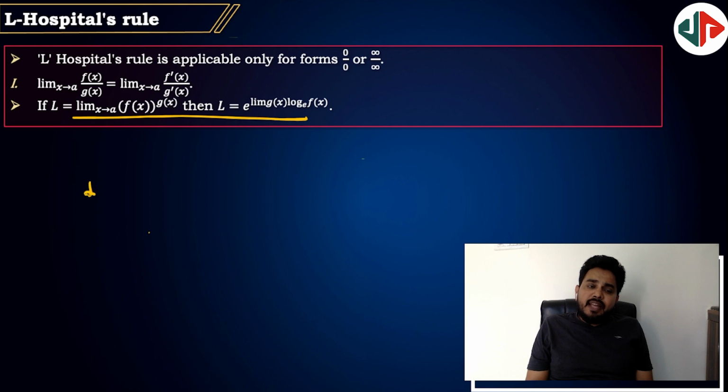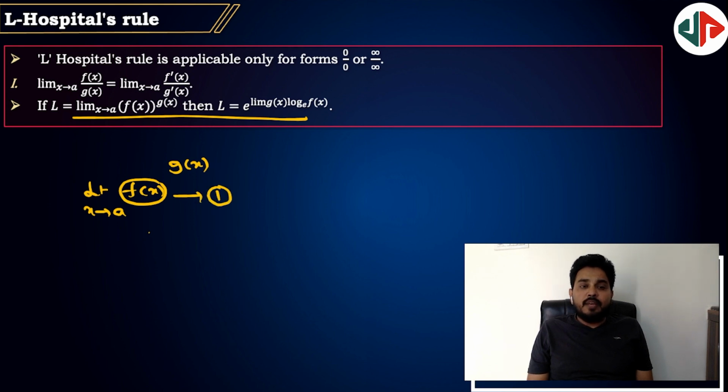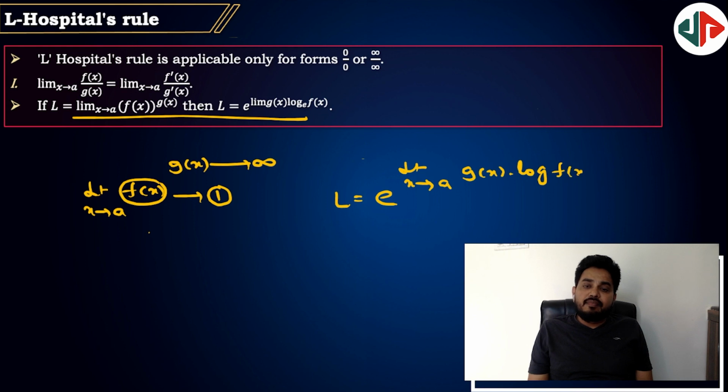Okay, limit extending to a, f of x to the power of g of x. If the base is going to 1 and the power going to infinity, I can write L is equal to e to the power of limit extending to a, g of x into log of f of x.